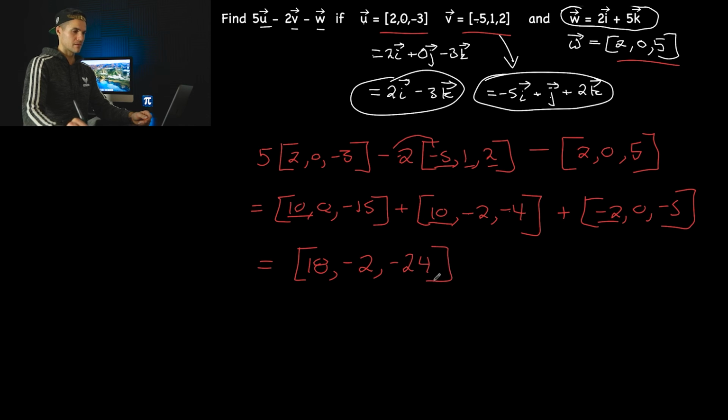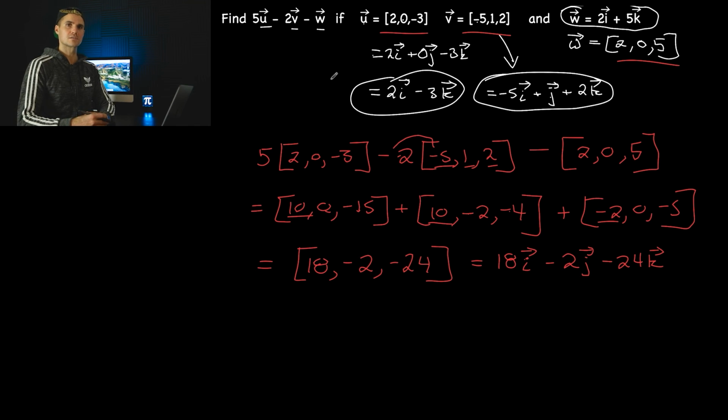So that right there would be the final answer in component form. If you wanted unit vector form, you could also write 18i minus 2j minus 24k. Either of these is the solution for this question.